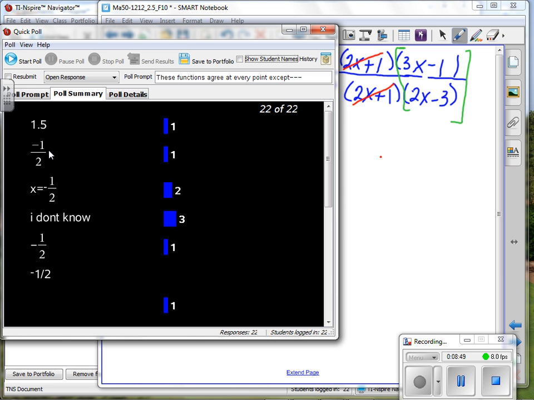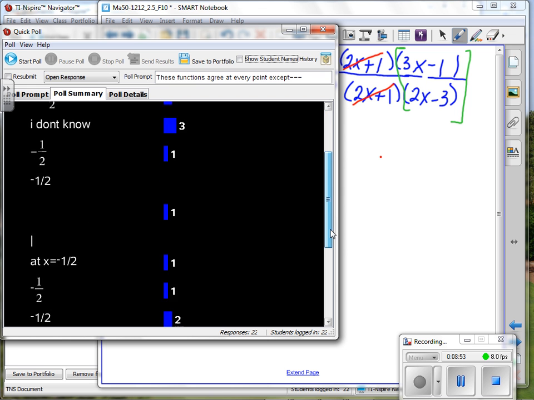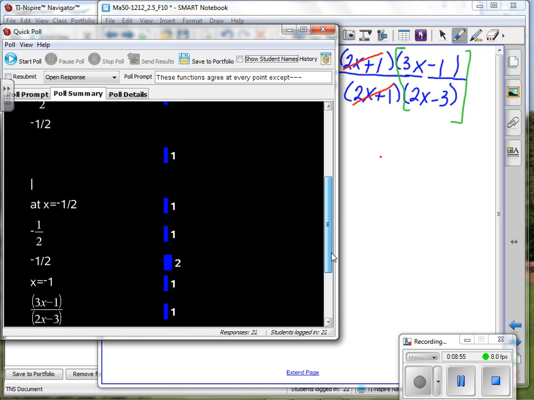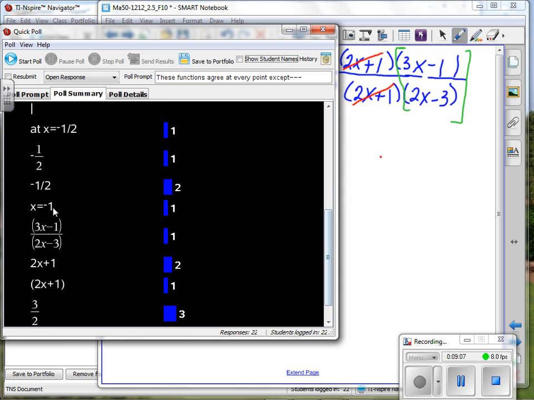Everything except 1.5, negative 1/2, negative 1/2. I'm not understanding this one. Oh, there's one point, and that's at x equaling negative 1/2, okay. Negative 1, I would disagree with.